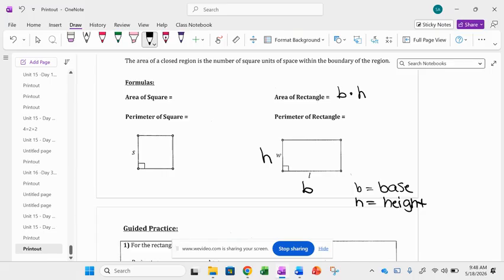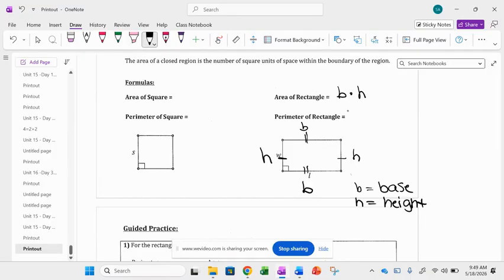Now, if I wanted to find the perimeter of a rectangle, what would we have to do? To find the perimeter of any shape, actually. Jack? You add up all the sides. But in a rectangle, aren't the left side and the right side equal to each other, and the bottom and the top equal to each other?